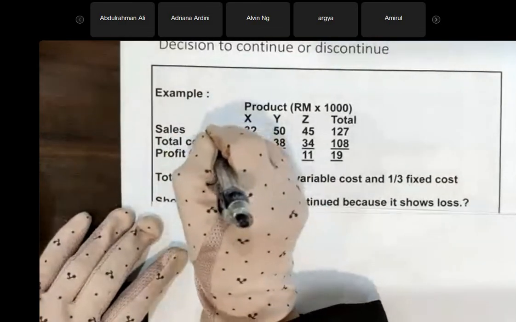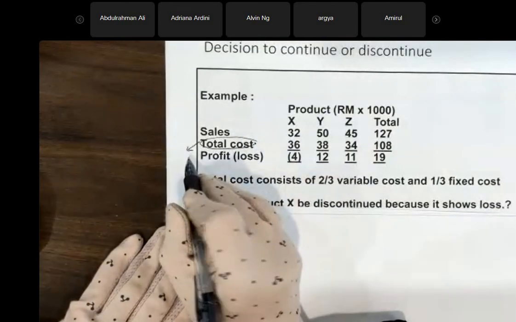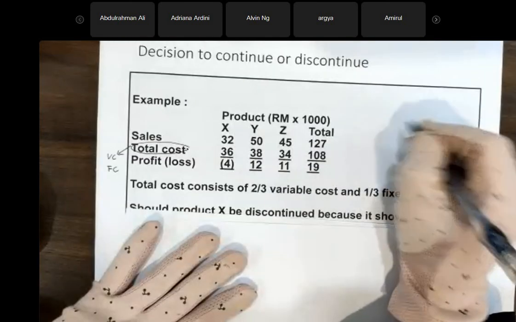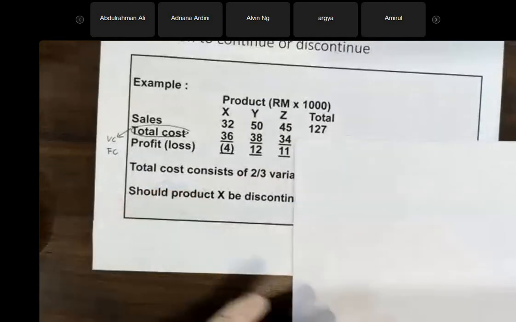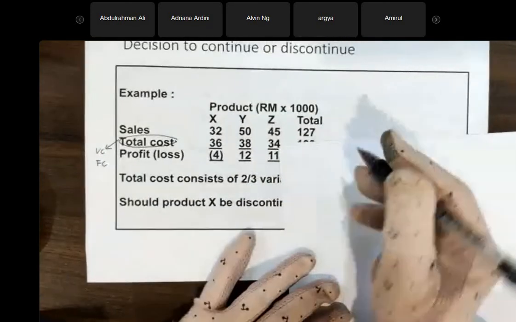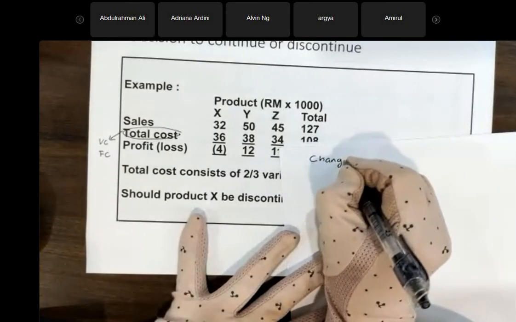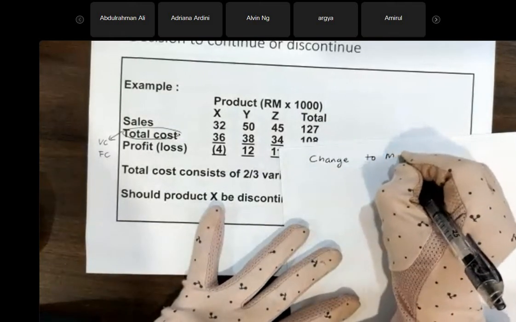Now the total cost here, you have to split into variable cost and fixed cost. That means for the marginal costing, you have to show its format. So you change to the marginal costing format.